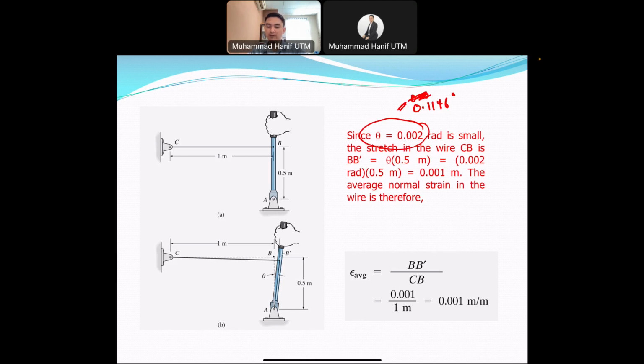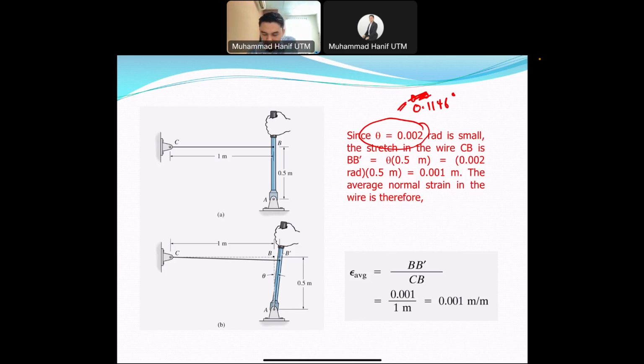Very small, so you cannot notice the changes. Even 1 degree is difficult to see using your naked eyes, and you can imagine 0.11 is also difficult to see the changes.